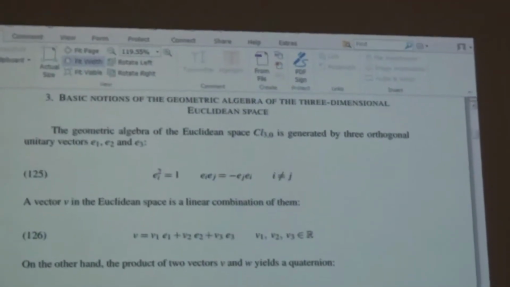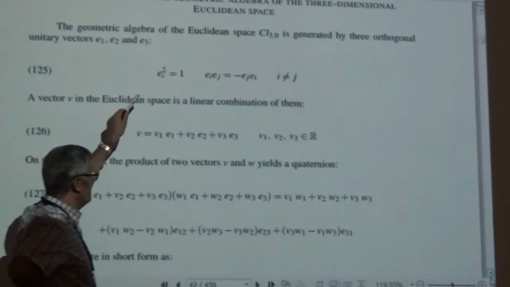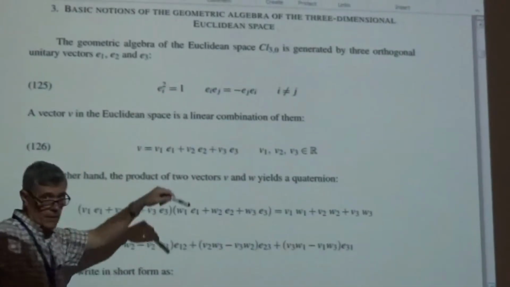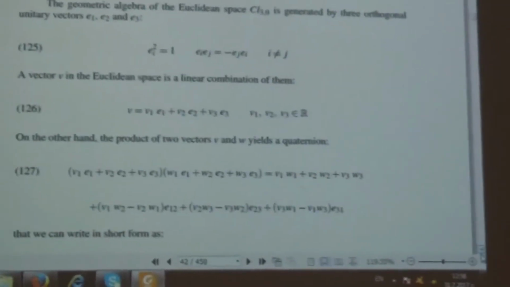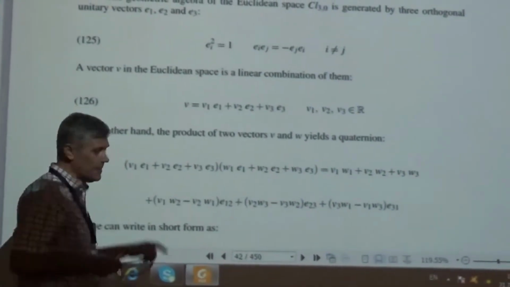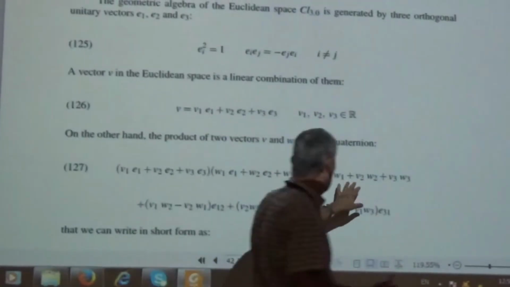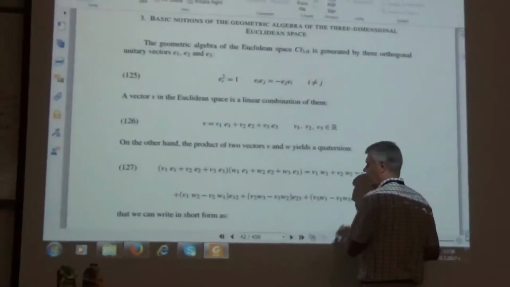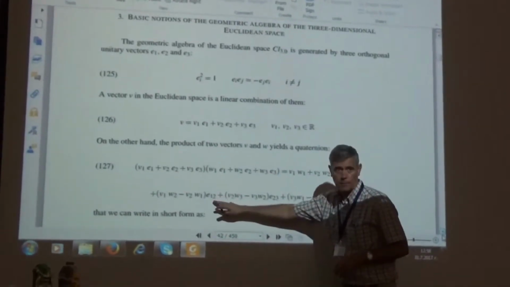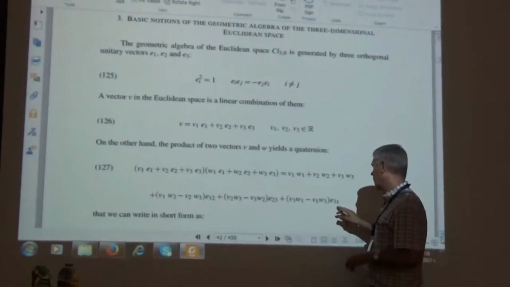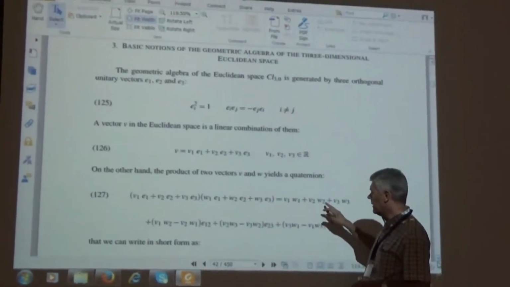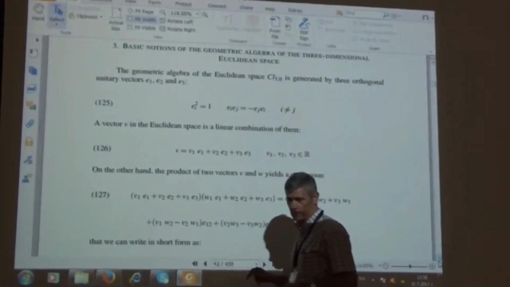Then, if the space is Euclidean, with the orthogonal basis vectors, the multiplication of two vectors gives a scalar number plus a bivector. You see the basis vectors. Okay? This is a quaternion. Just this is a quaternion.